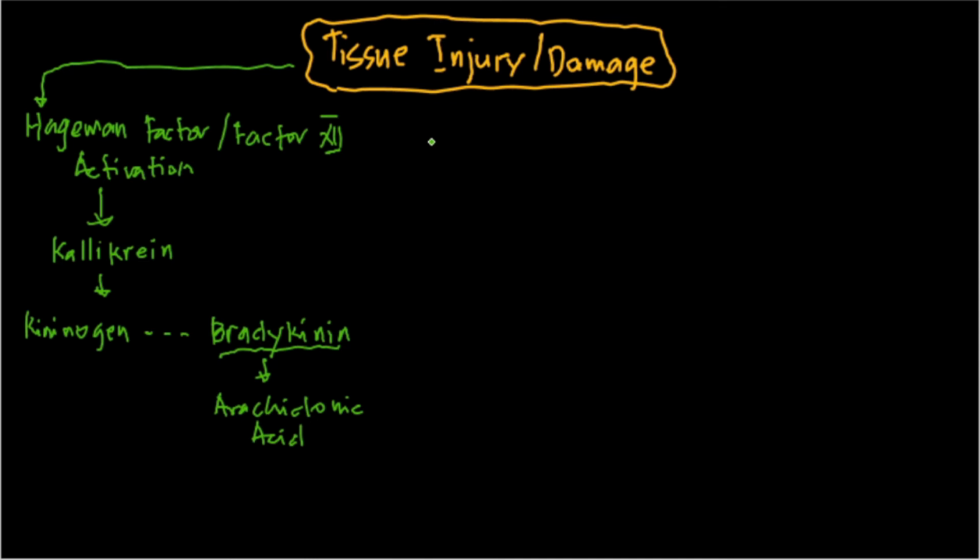Now, because of the occurrence of tissue injury, and in response to that kind of injury or damage to a certain tissue in our body, there is also another chemical that can be activated. It is what we call your COX or your cyclooxygenase enzyme.